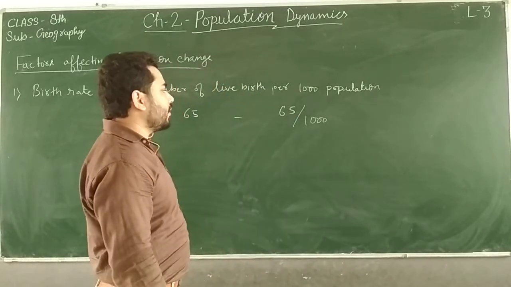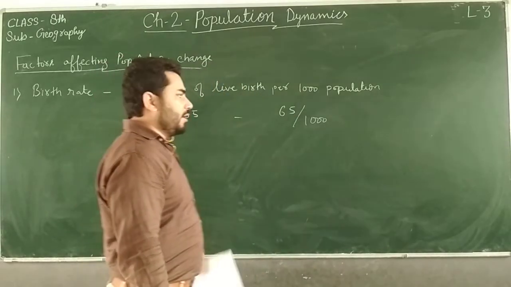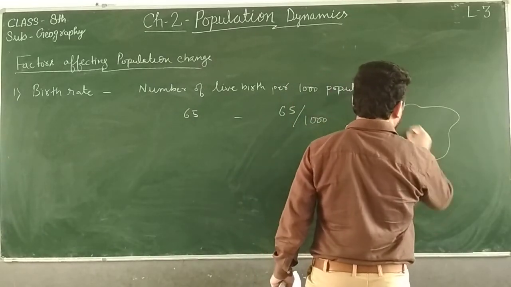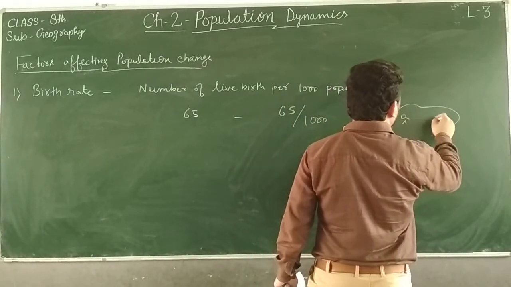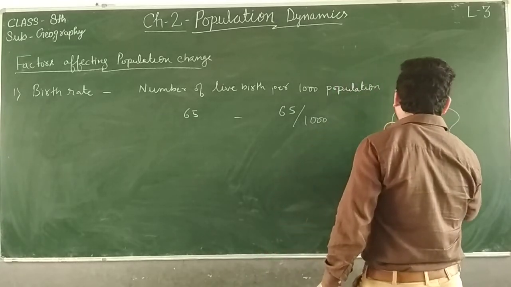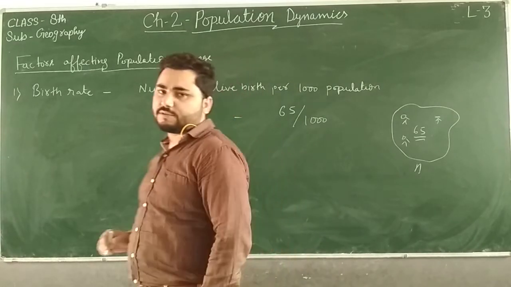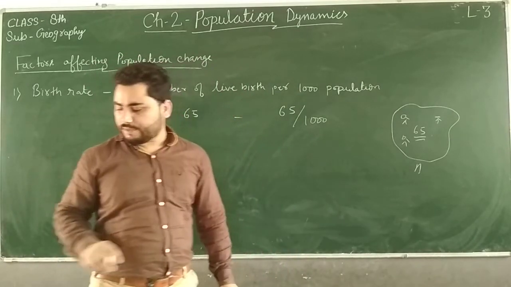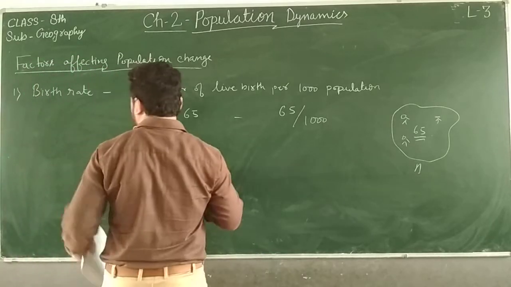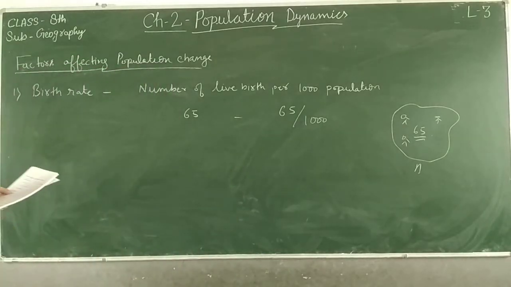If there are 1000 people living in place A, and in a year 65 children are born there, 65 live births take place. So that is called birth rate. And then we will study the death rate.